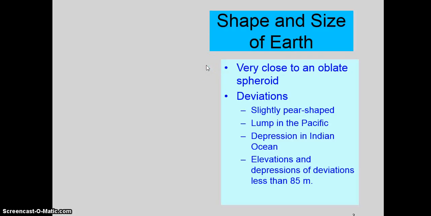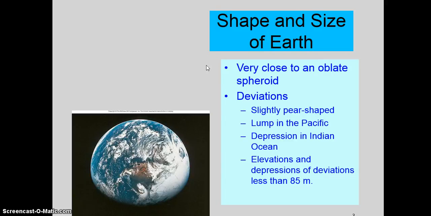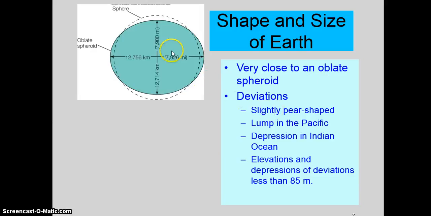We'll start out here with the shape of the Earth. The Greeks thought the Earth was a perfect sphere, and it almost is, but it is not, actually. In fact, the distance between the center of the Earth and the equator is a little bit longer than the distance between the center of the Earth and the poles.